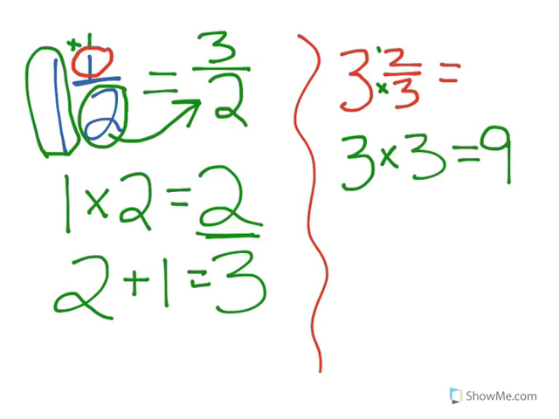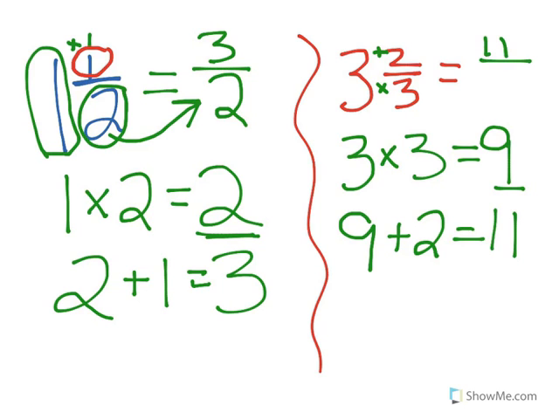And then you're going to add your 2, or, in other words, your numerator. So I'm going to take 9 plus 2, and I get 11. That becomes my new numerator. The 3 takes a nice little trek over to here. We still have a 3 as a denominator. The total number of pieces in the whole have not changed.